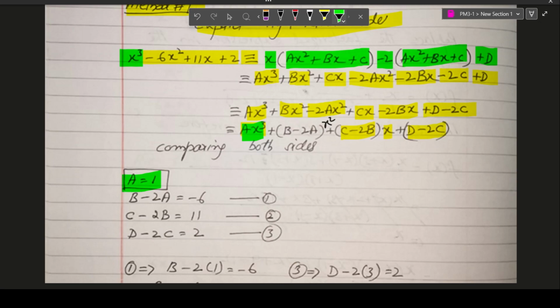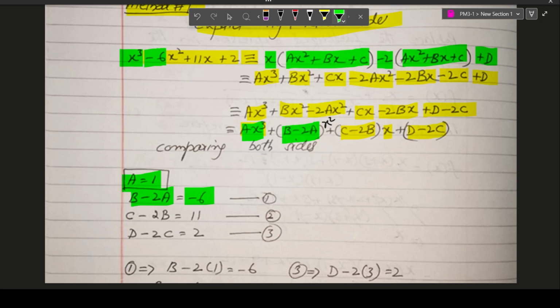The coefficient of x square on the left hand side is minus 6, on the right hand side it is b minus 2a, so b minus 2a is equal to minus 6. Call it equation number 1. We will use it later to find the values of a, b, c, d.